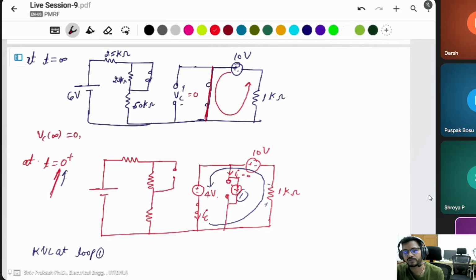Then it will be 0 because there is no change, since t equal to 0 minus is equal to t equal to 0 plus, because of this very small amount of time.